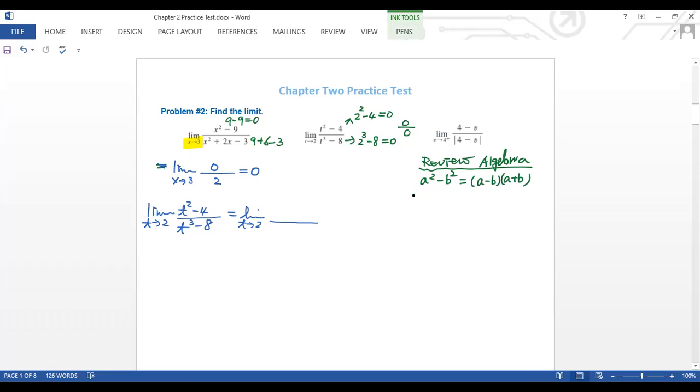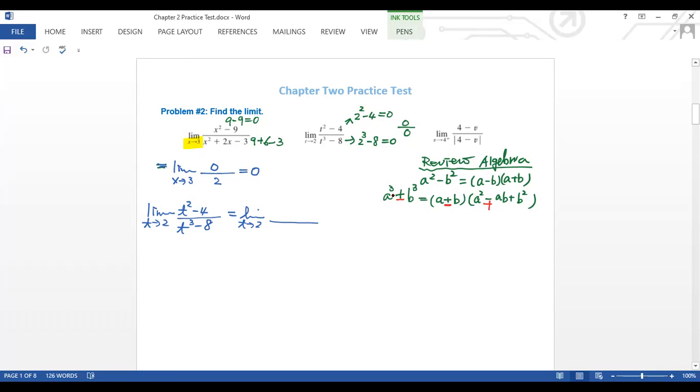Then we also have a cubed minus b cubed, and the formula is a minus b times a squared plus ab plus b squared. I'm color coding here: if it's minus, then this one is going to be minus, and here this will be plus.